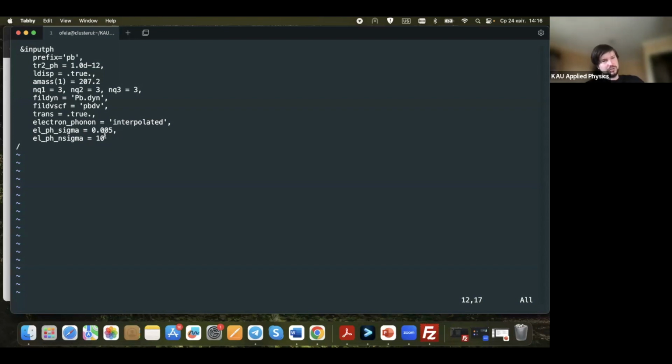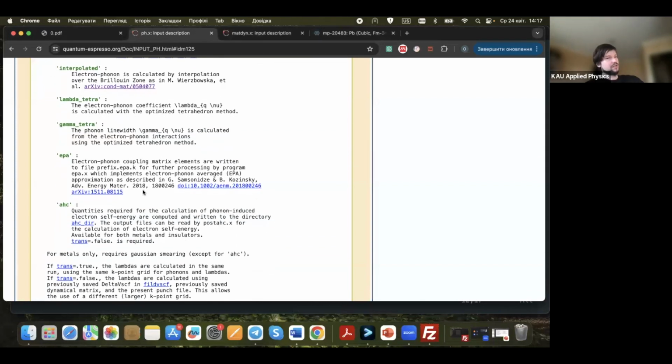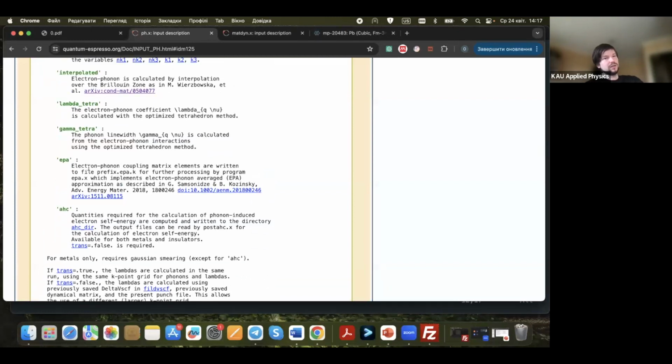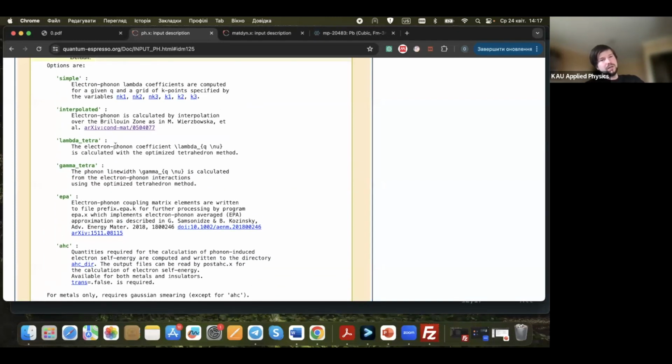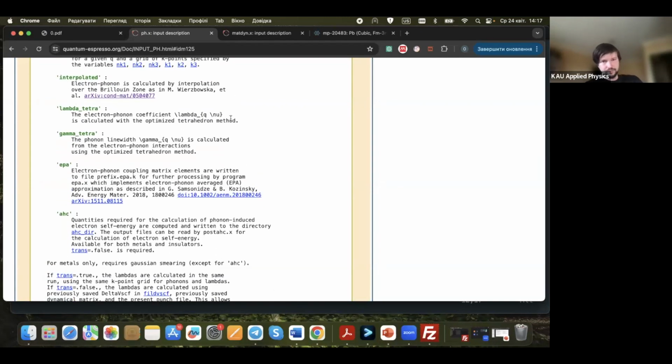So it takes the best assumption for our parameters for the electron-phonon matrix, but it takes really a lot of resources to calculate, and some other things like anharmonic calculations. So I didn't use this. I used only interpolated and lambda tetra parameters.